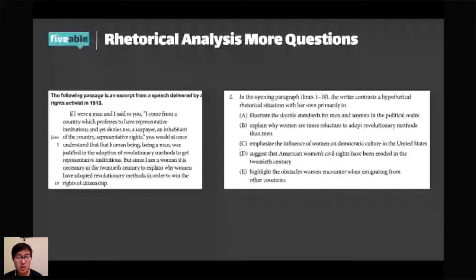It's her highlighting, oh, I need to explain. Also, answer choice B contradicts her thesis, where it says women have adopted revolutionary methods in order to win their rights of citizenship. That's not explaining why women are reluctant. It actually shows why women aren't reluctant, if that makes sense. So that's where reading carefully on answer choices is also important.